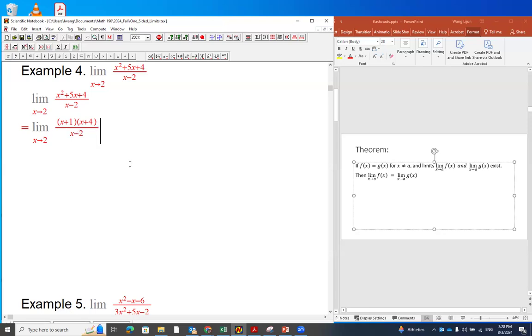Then what can we do? x is approaching 2. Well, in this case, what's the use of the factoring? The factors can tell us what to expect in terms of sign. And so we are going to consider the limit from the left.